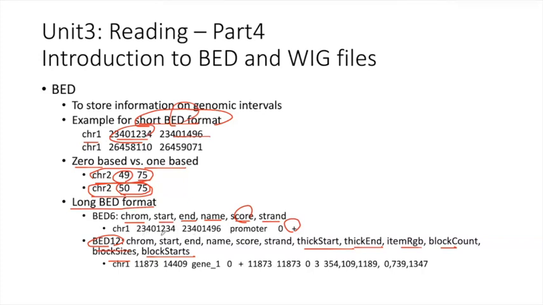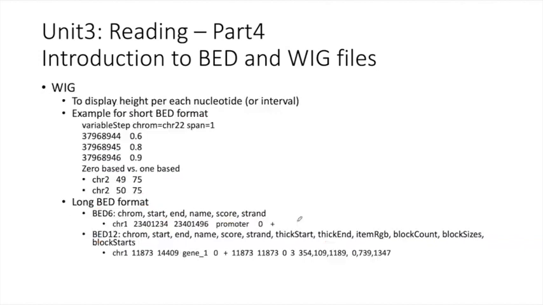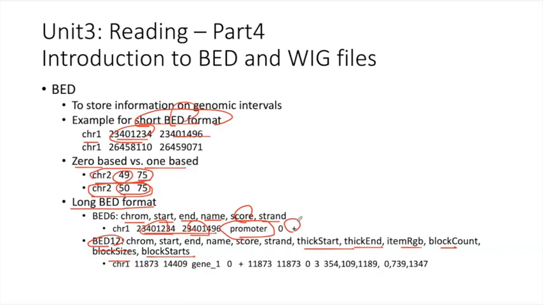For example, this promoter, right? You can give any name for that interval. That's what it is. This person wanted to give a promoter name for this interval, with the starting position of the promoter and the ending position of the promoter. But you can give whatever name. You have the freedom to do so.